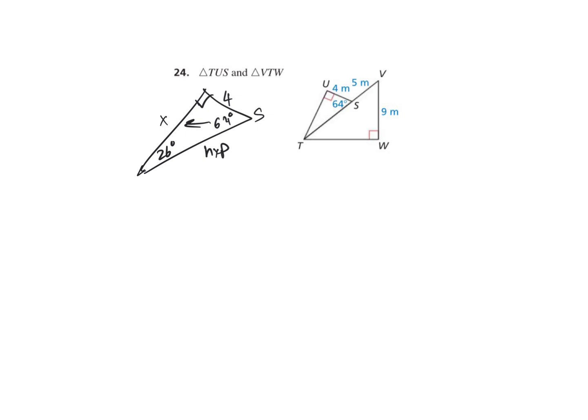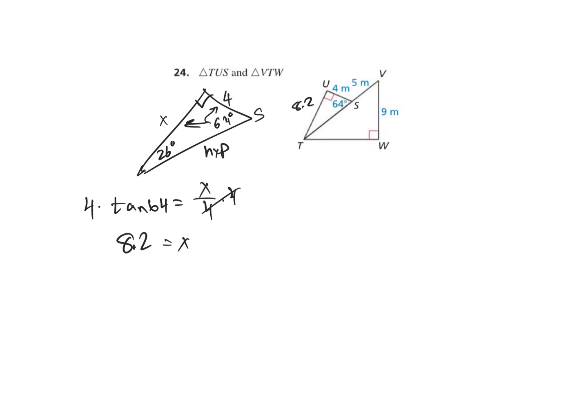So that's the opposite leg and adjacent leg, so the tangent of 64 is equal to x over 4. Multiply by 4. So x is equal to the tangent of 64 times 4. So 8.2. Let's check that again. Tangent of 64 times 4 is 8.2. Okay, just 8.2 here.